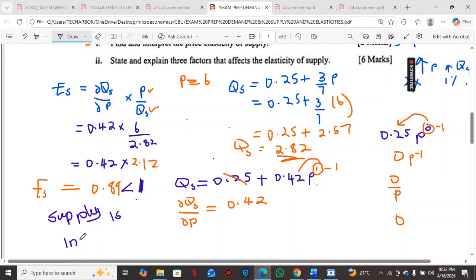So the interpretation is, when we say supply is inelastic, it is not sensitive to changes in price. Okay, supply is not sensitive to changes in price. So price can increase even by 50%, and quantity supplied increases by even 10%, a small amount. Okay.